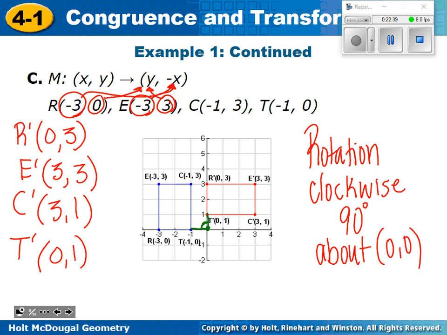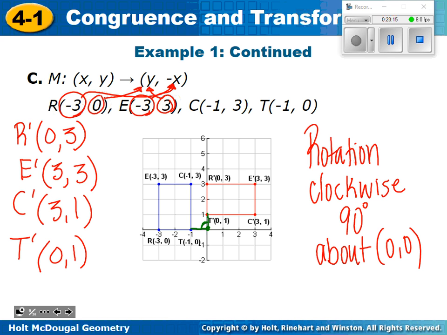Okay, so we just said if you're doing any kind of rotation, you're going to always switch the x and the y, and one of the signs is going to change, either the one on the right or the one on the left. So if I'm doing a 90-degree clockwise rotation, we said (x, y) will become, switch, (y, x). Clockwise is to the right, so it's (y, negative x). I don't want to go too fast because I want to make sure you're with me in the thought process too.